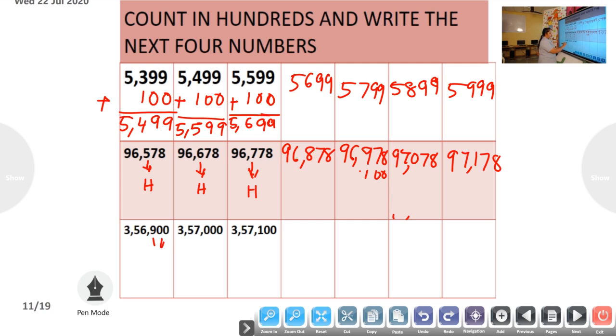So you have to add 100 here. So you are getting 3,57,000, isn't it? Then you have to add 100 here. You are getting 3,57,100, because the hundreds place is changing. Then add 100. How much are you getting? Yes, 3,57,200. Isn't it?